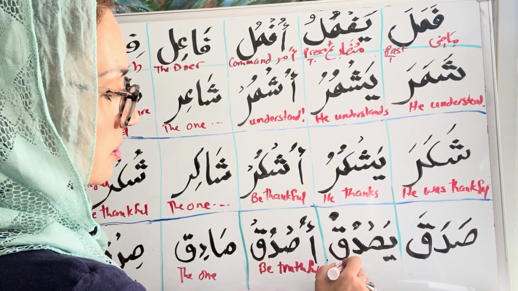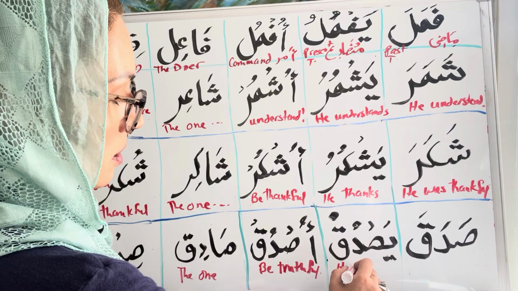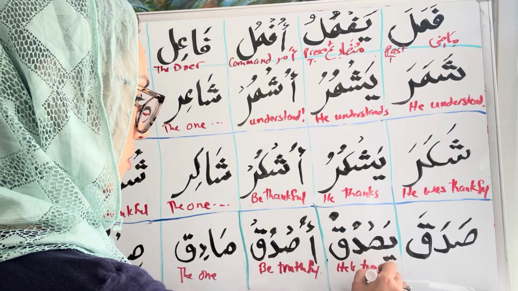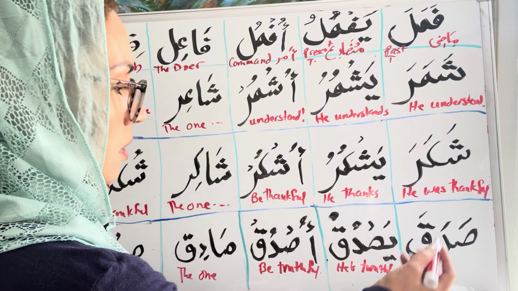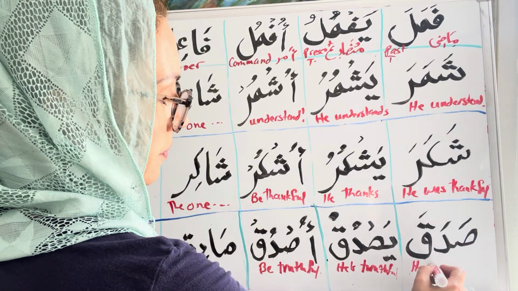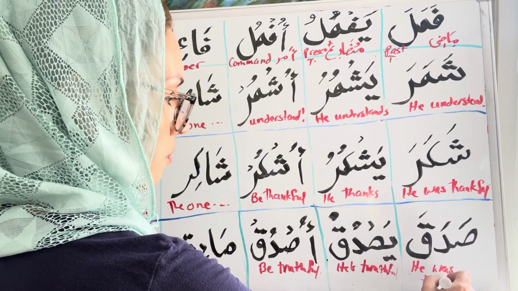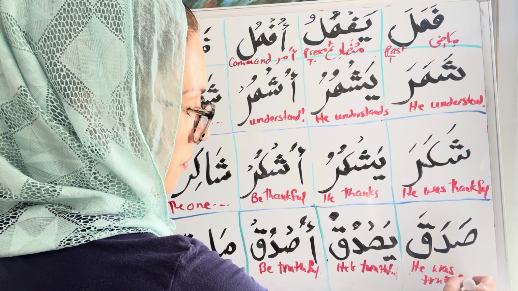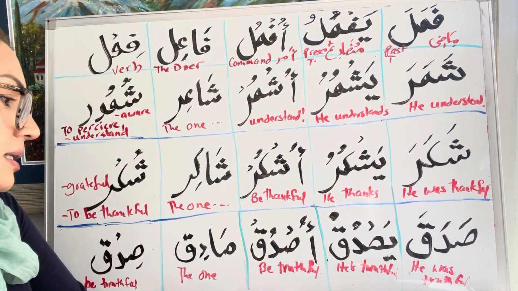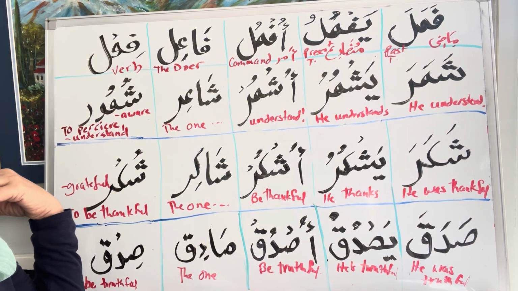Yasduqu, this is he is truthful. And then past tense, sadaqa, he was truthful. I'm sorry, my writing is getting worse at the end because the angle is so bad I can't reach the bottom here. But anyways, let's repeat this.